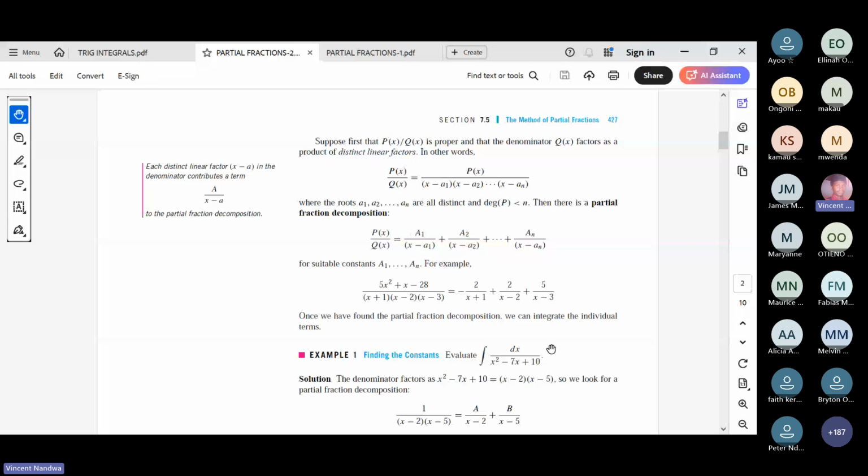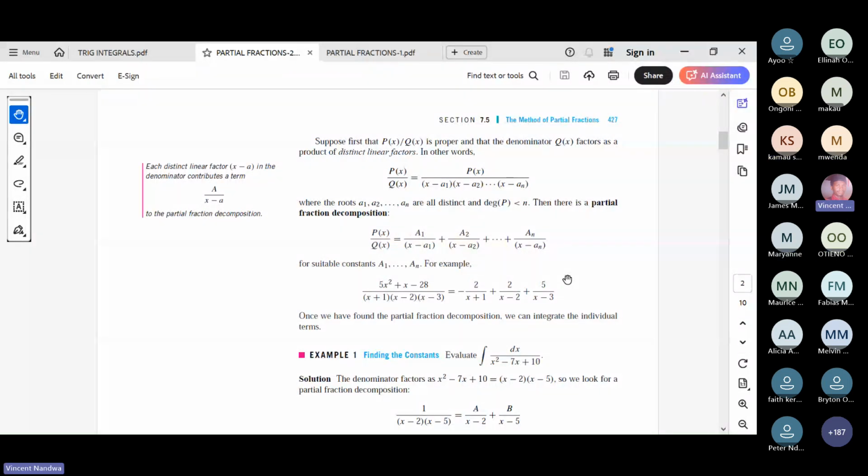We'll write A1 over the first linear term x plus 1, then plus A2 over x minus 2, then plus A3 over x minus 3.